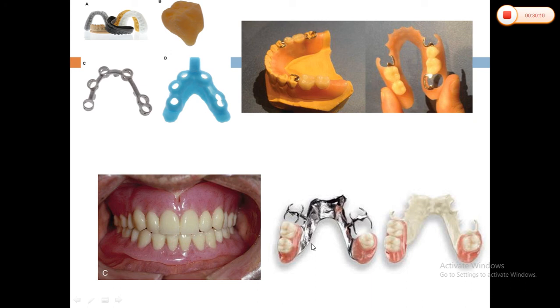And finally, there is a removable partial denture where, instead of a metal framework, they give an acrylic framework itself so that it becomes much lighter. So there are many more applications as we had read before.